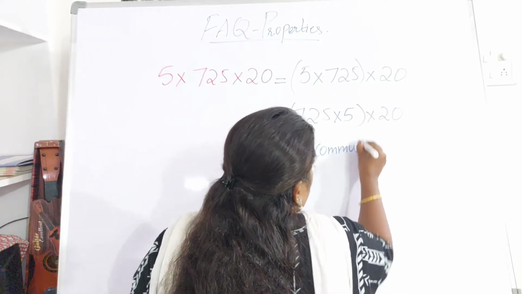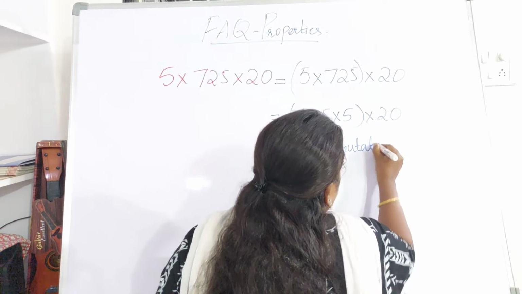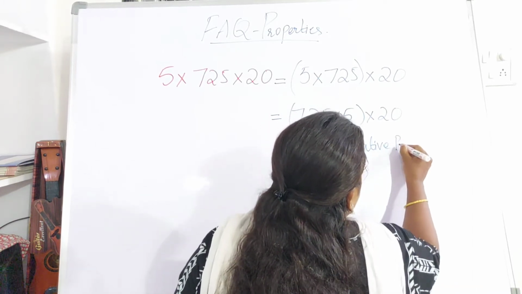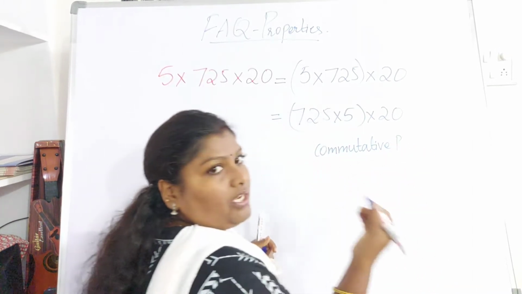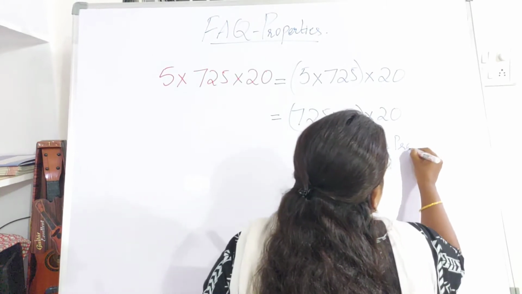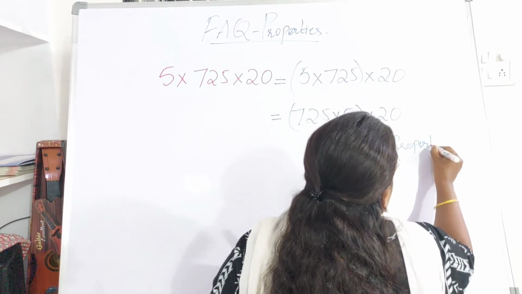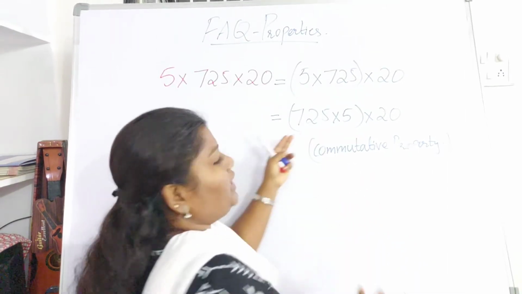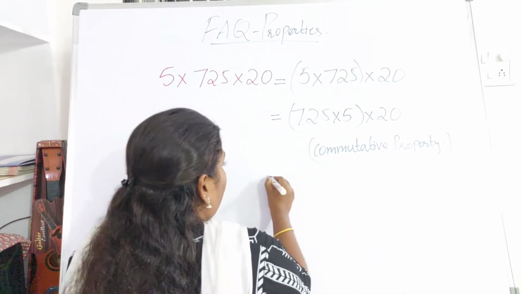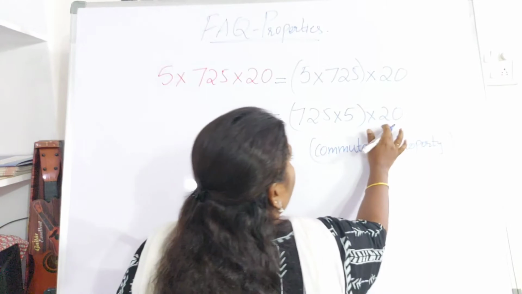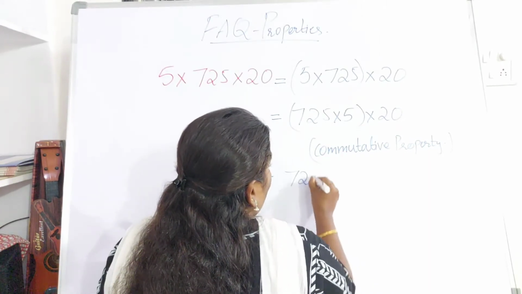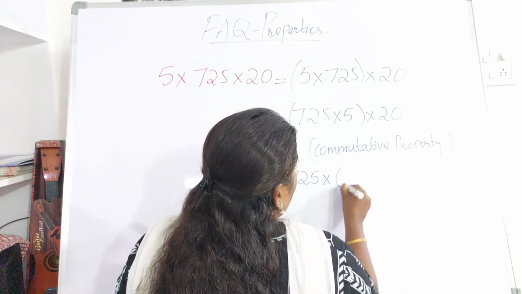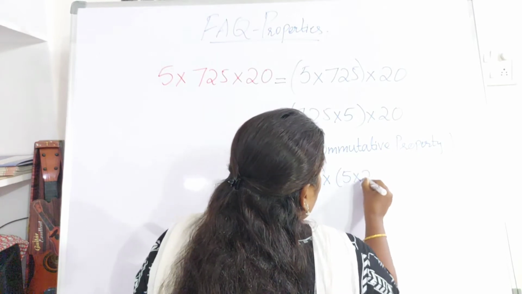What is commutative property? Commutative property is nothing but A into B is equal to B into A. So by using commutative property, I have interchanged the numbers. Now I am going to consider these two, that is 725 into 5 into 20.